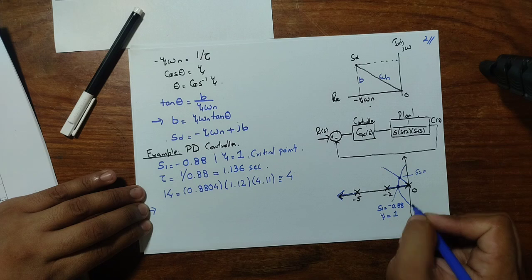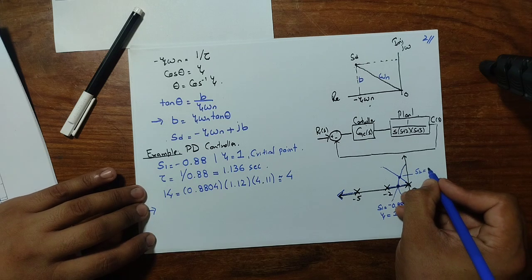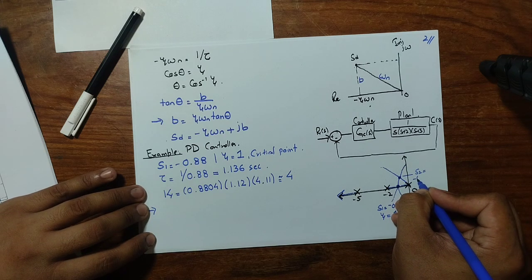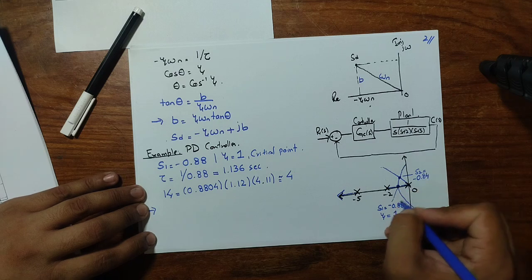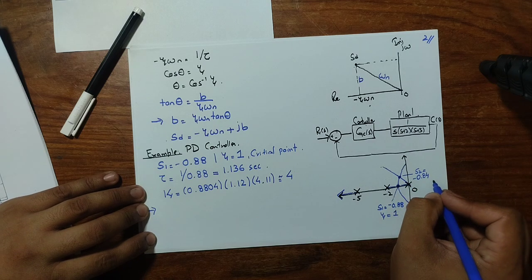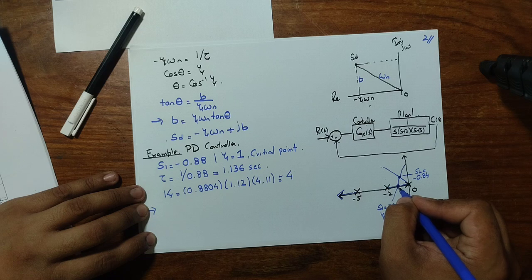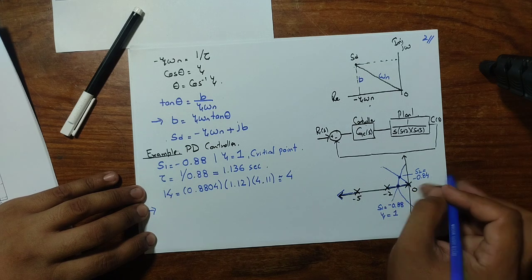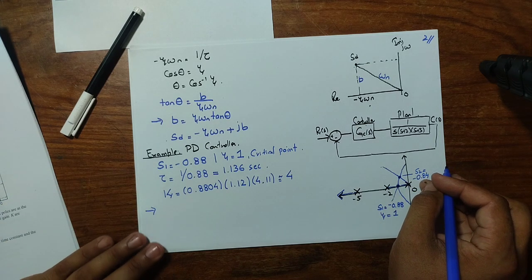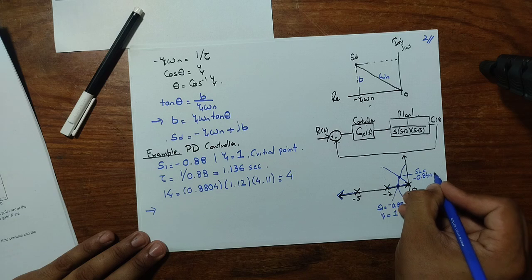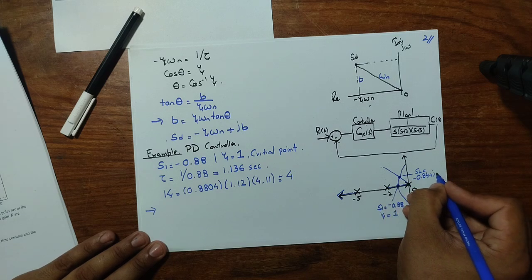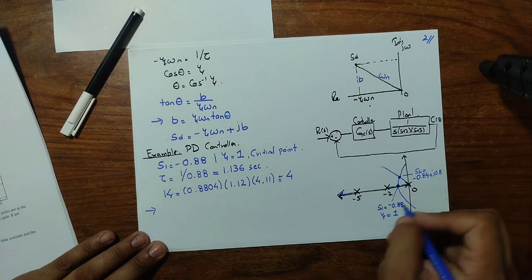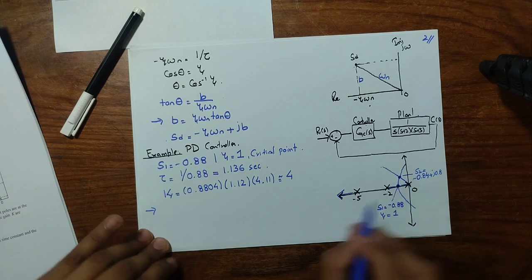As I'm just sketching it, I will write the exact values that came out from the root locus command of MATLAB, plus j, because it has an imaginary part 0.8. So this is our point S2.